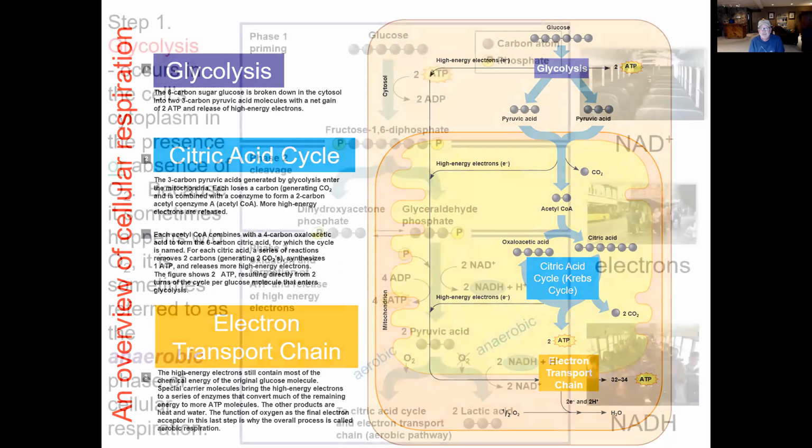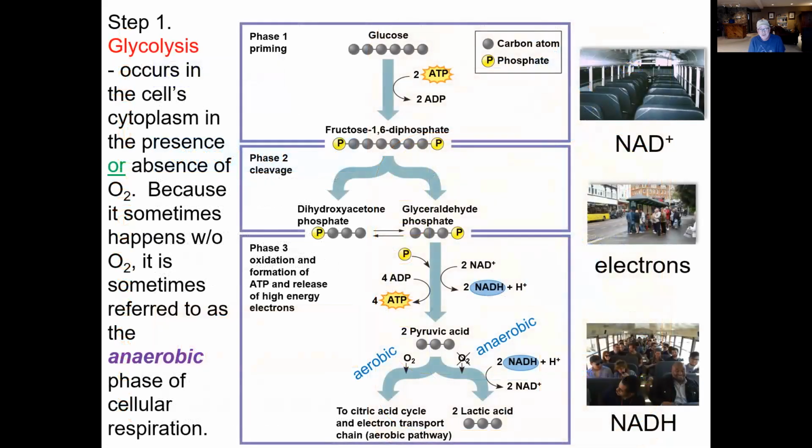So let's start off with the first of the three parts of aerobic cellular respiration, and it's called glycolysis. If you look at that word, glyco refers to sugar, lysis means to break or tear. So this is the process whereby a cell, your cells, any animal cell, is going to take glucose and break it down.